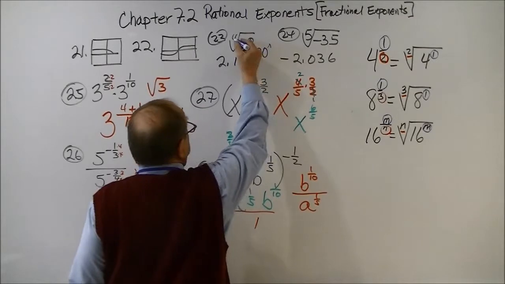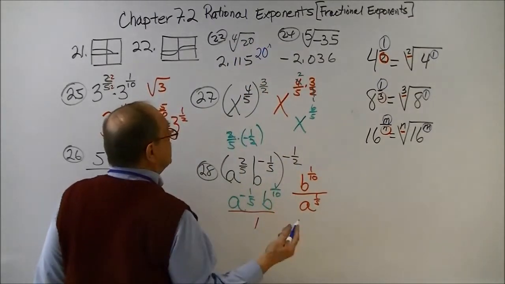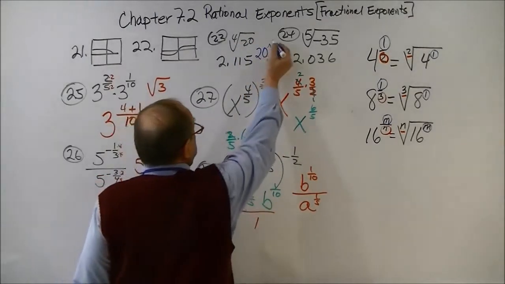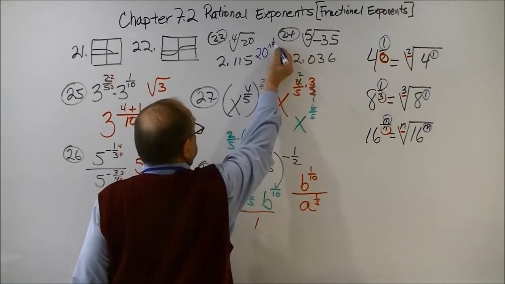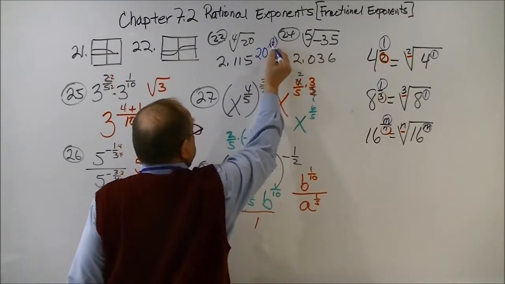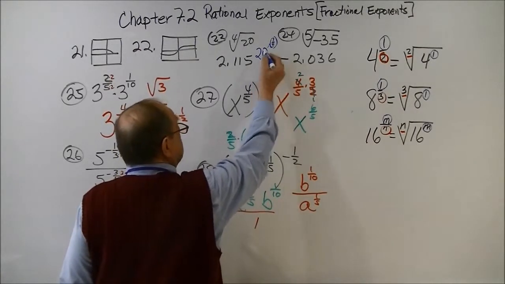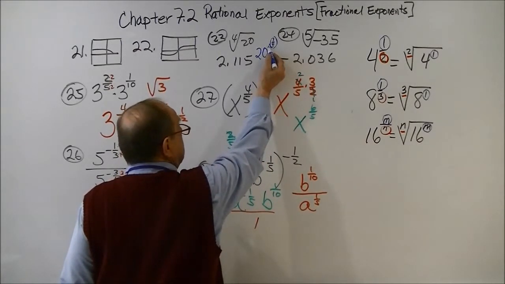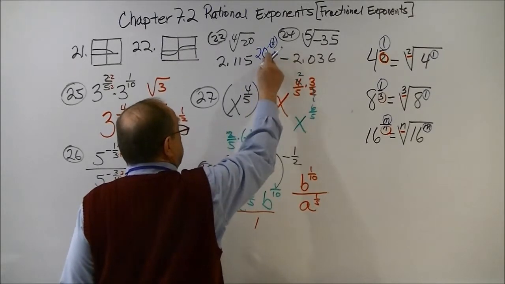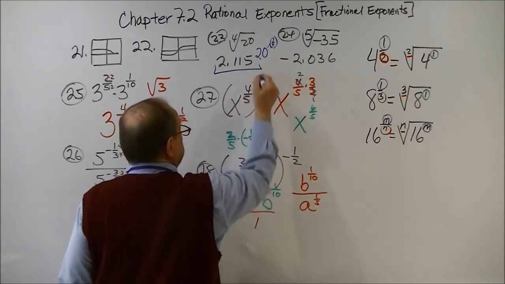And then what would that be in exponential form? Well, it would be 1/4. So you put that into your calculator as 20 caret, then a parenthesis, 1 divided by 4, parenthesis, hit enter, and that's what you get.